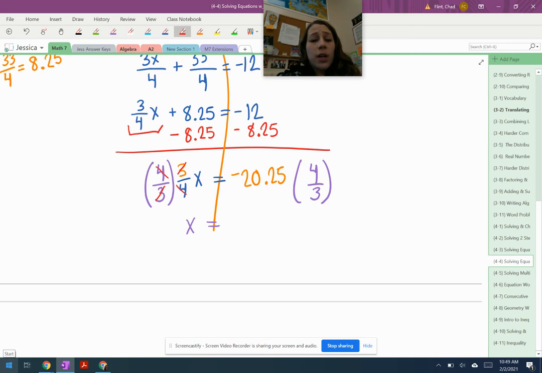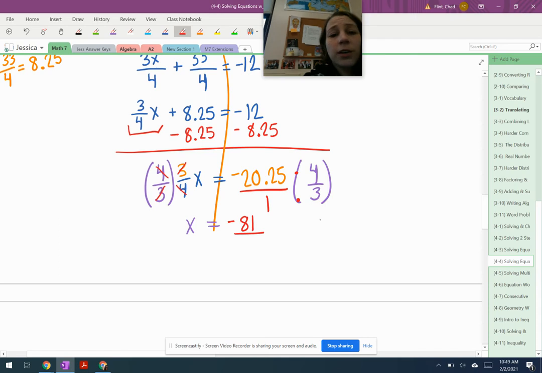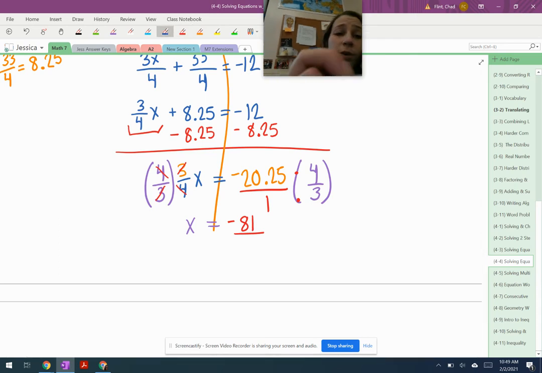So I'm going to multiply each piece by 4/3. So my 3/4 and 4/3 cancel out because that's what I wanted to happen. And now -20.25 times 4 ends up being a negative, because remember, multiply tops by tops, bottoms by bottoms, -81. And again, you're using a calculator to do that math because you have too many other things to remember. 3 times 1 is 3.